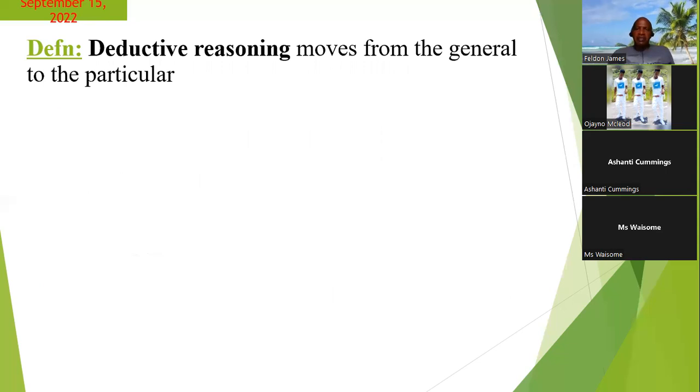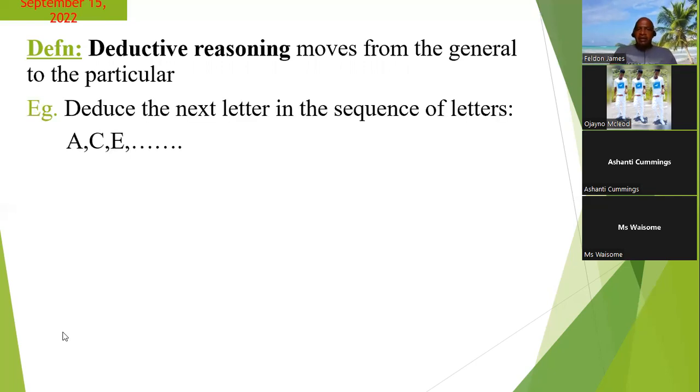With deductive reasoning, you look at a general situation and see what the patterns are in that general situation. And then, based on that general situation, you conclude that it is the same for a particular situation. All right? An example of that would be what we have here in the sequence of letters.